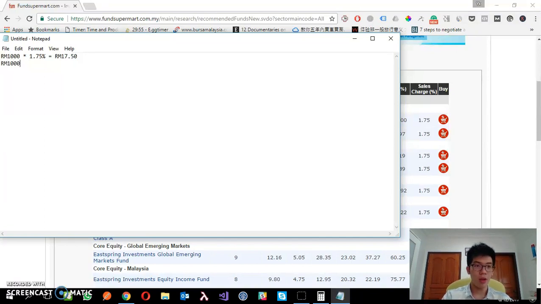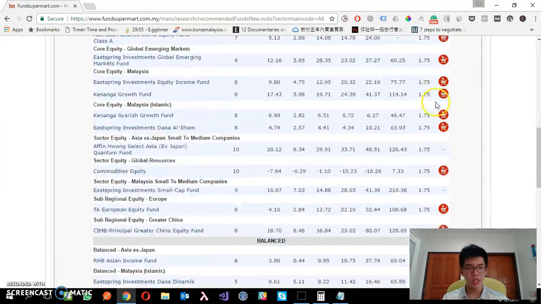So whenever you invest, for example, 1,000 again, we minus that sales charge, and the remainder is the amount that we invested. This is the meaning of sales charges.